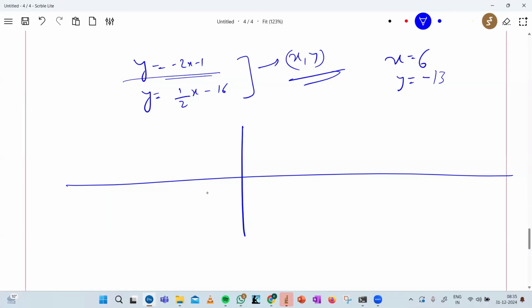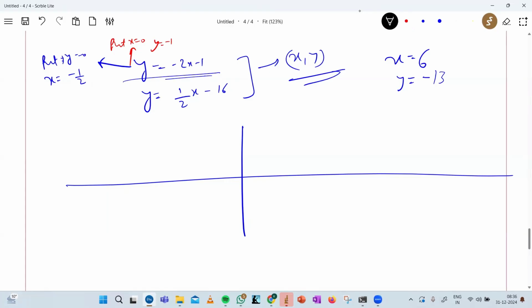Just put y equal to 0. Putting y equal to 0, what x do you get? -1/2. Similarly, by putting x equal to 0, you will get y equal to -1.